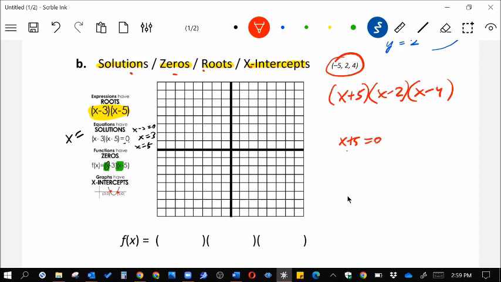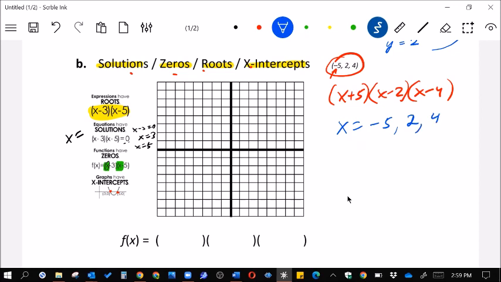If I want to know what x is, I subtract 5 from the other side. So x is negative 5, and that would be why it's a negative 5 here, because it has to be moved to the other side of the equal sign. So the x's for this are the opposite signs of each of these: negative 5, 2, and 4.